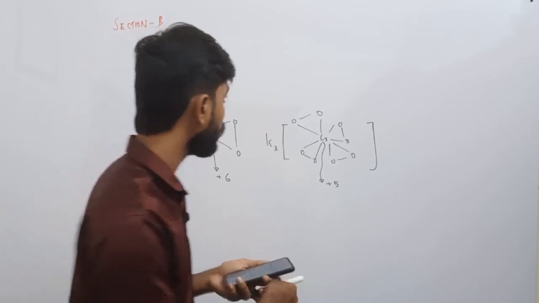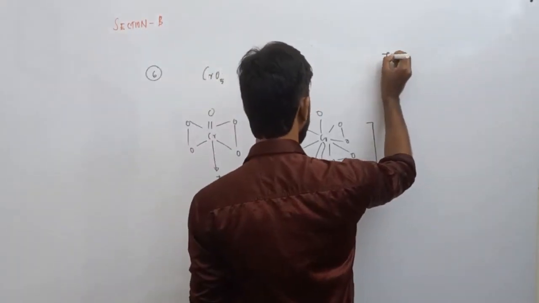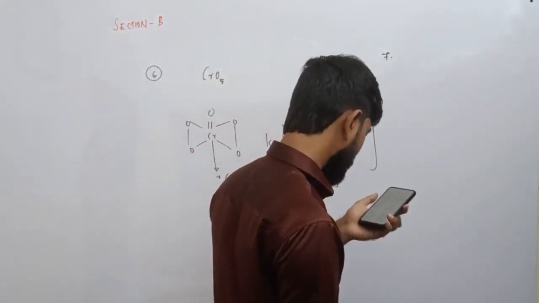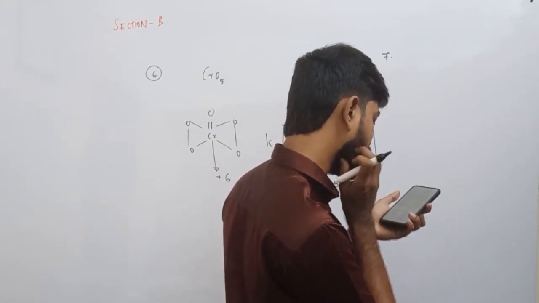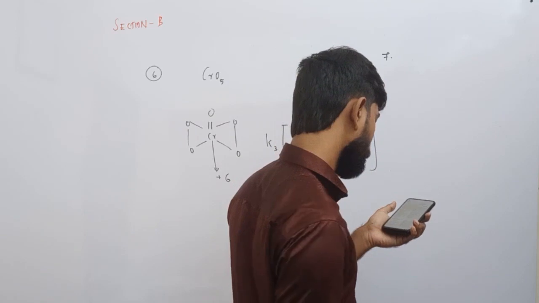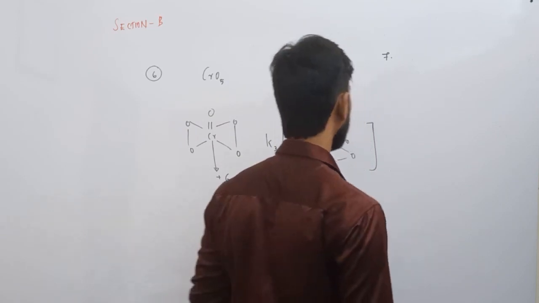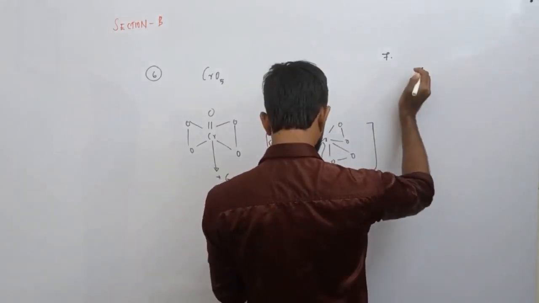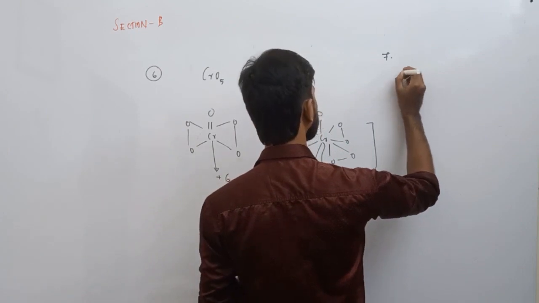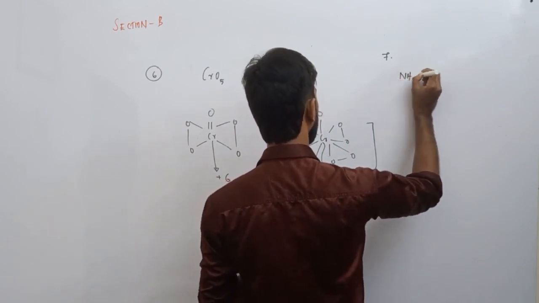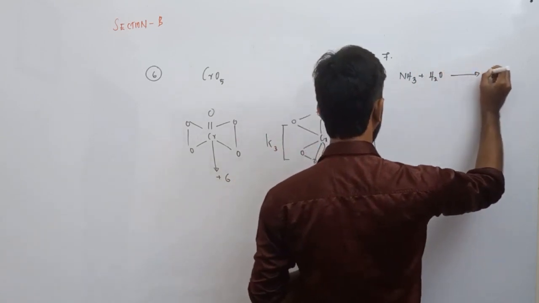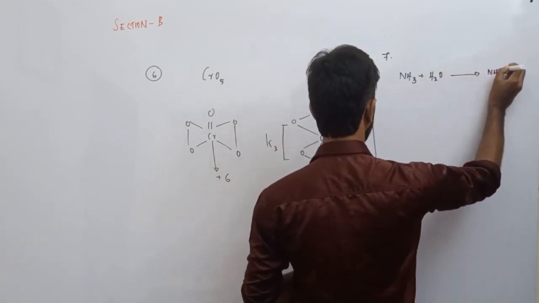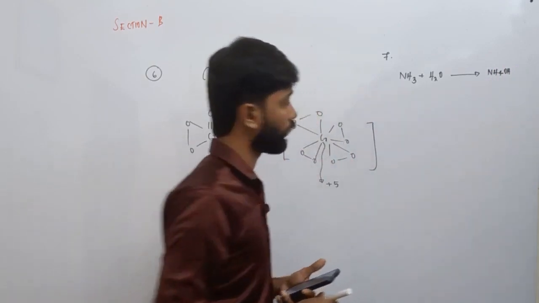Okay. Question number 7 in your section B. The number of electrons involved in the reaction when 0.1 mole ammonia is dissolved in water. So ammonia plus H2O forms NH4OH.